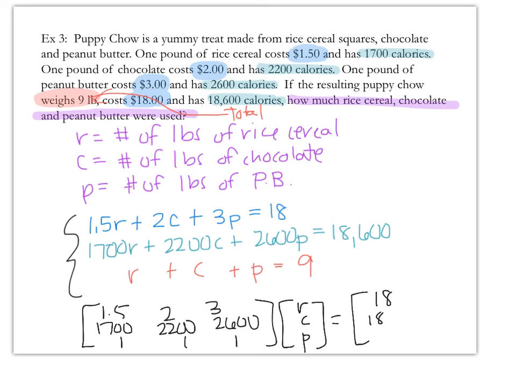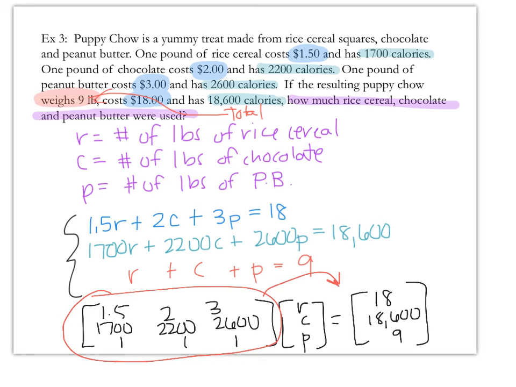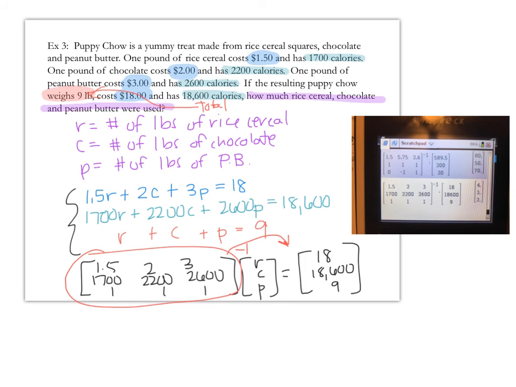And then it's 18, 600, and 9. So now I know to solve this, same setup we've been doing these last 2 lessons, is I need to do the inverse of this guy to move him to the other side, times the one that's on the right. So I typed that in the calculator, and that is what I got.